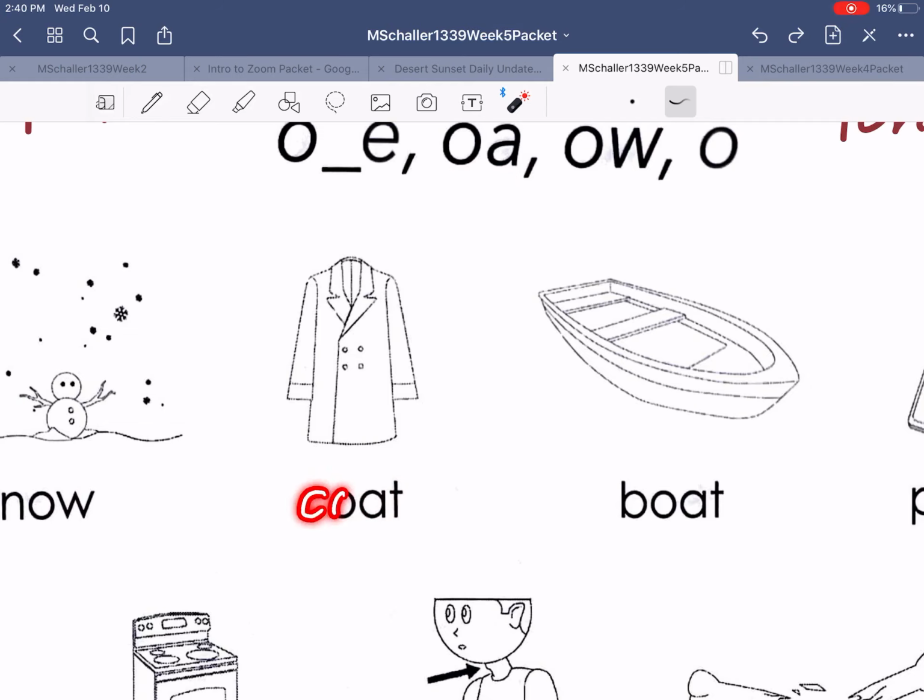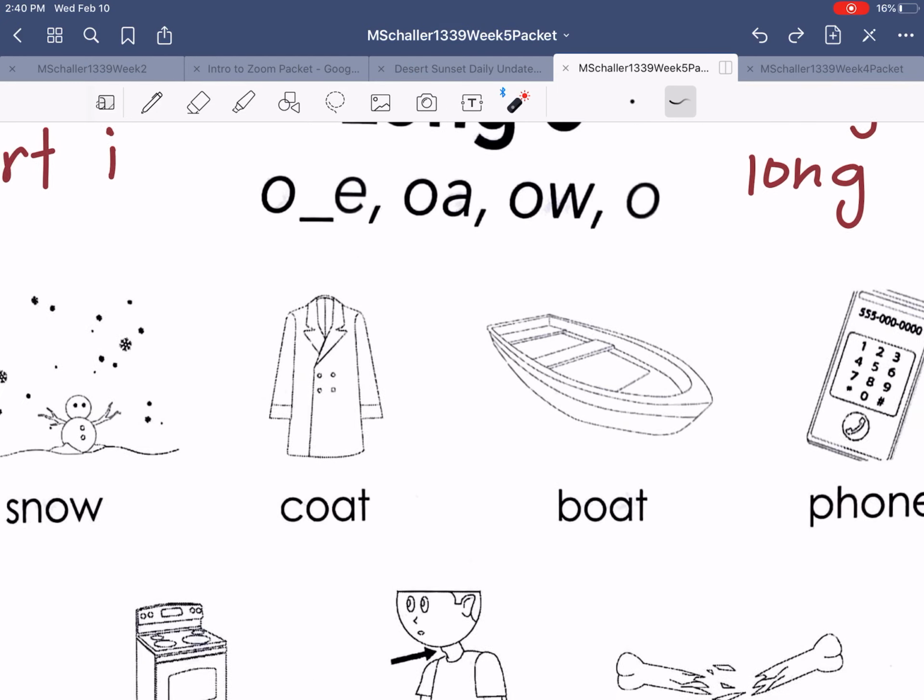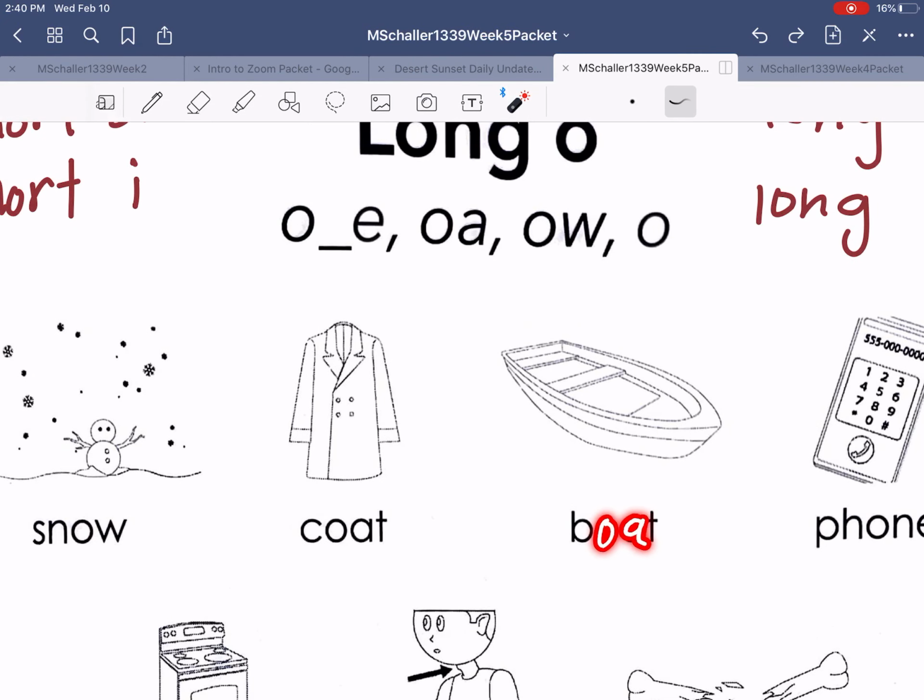If there was no A, so just cot, C-O-T, sound cot. C-O-A-T, O, coat. Same here with boat, O-A. If you have just B-O-T, bot, only one vowel. Two vowels, B-O-A-T, O-A, sound O, so boat.